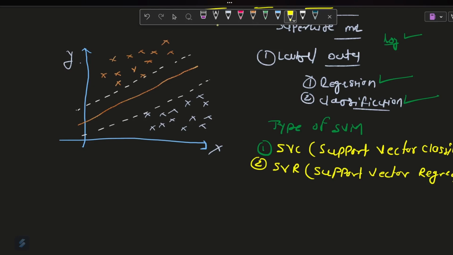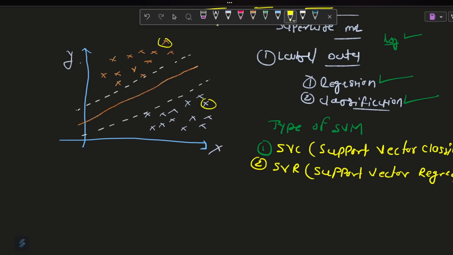Look at that data frame. The data is split in a different way. There are data points on both sides, and one line is the best.